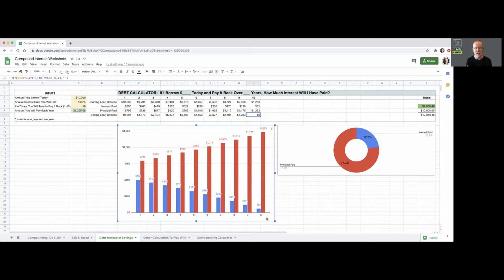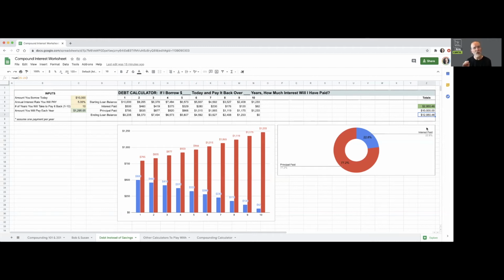First thing to realize, you're not paying equal amounts to interest and principal over the life of the loan. What you also can see is over here on the right are the totals paid. So after 10 years, you've paid back the $10,000 in principal. Of course, you had to, that's what you borrowed. But you've also paid a total of $2,950.46 of interest for a total of $12,950.